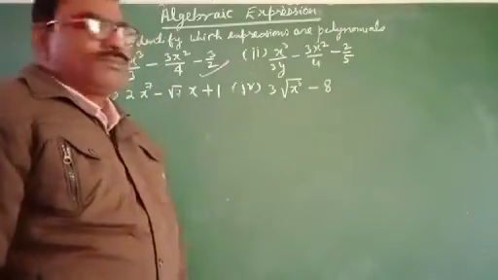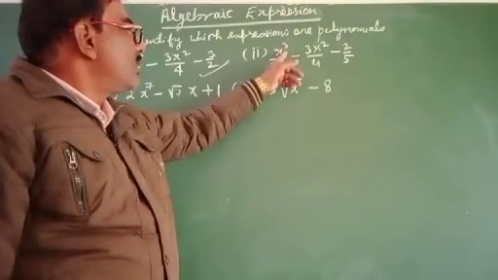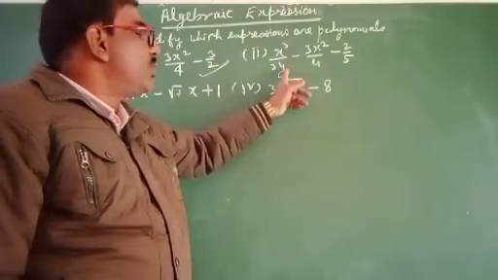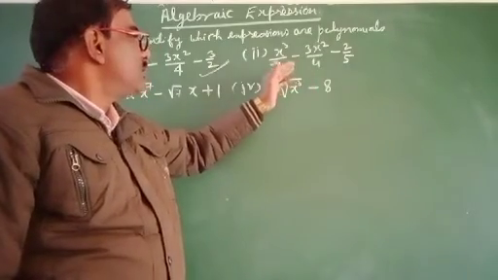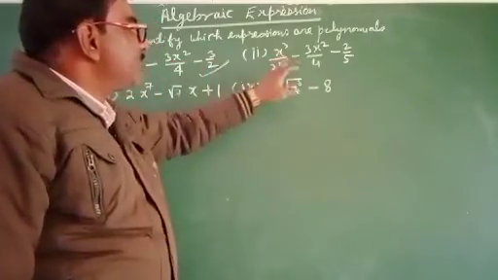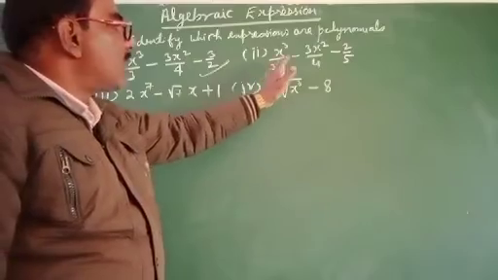In the second part, you see that here we have x cube upon 3y. Here the variable y is in the denominator.